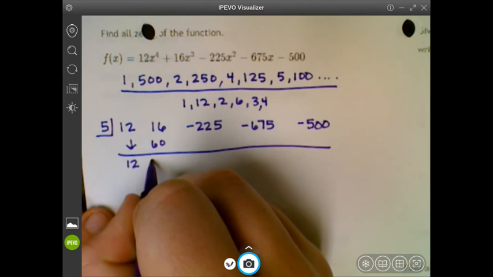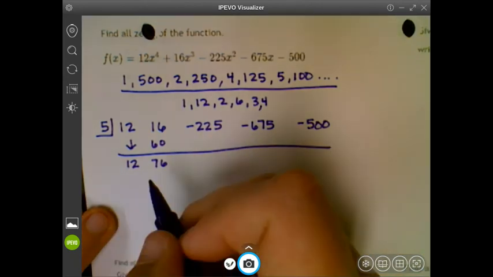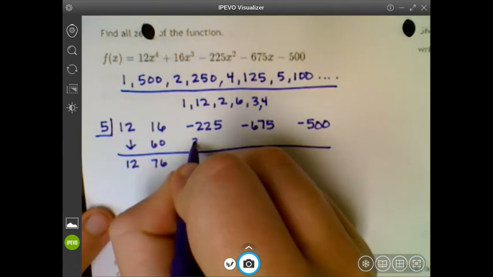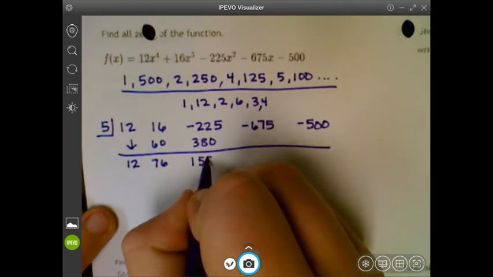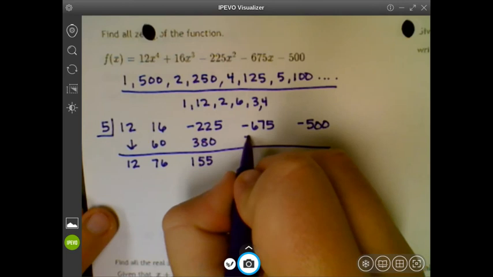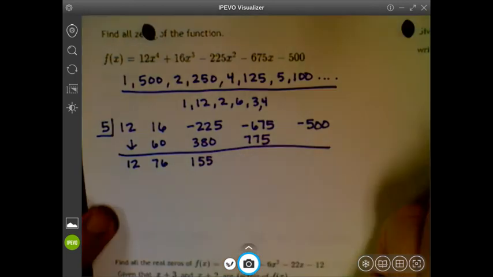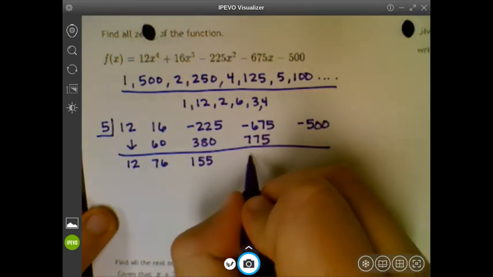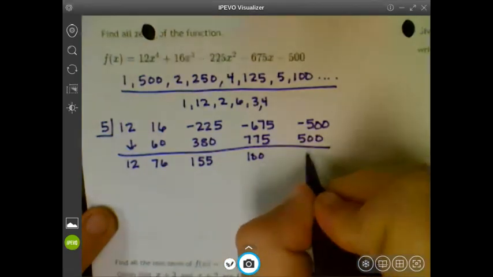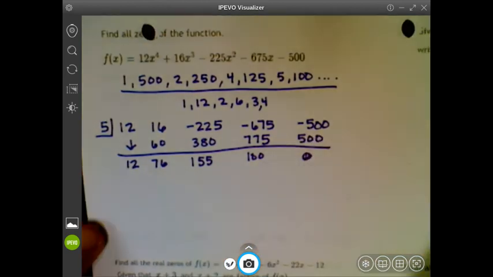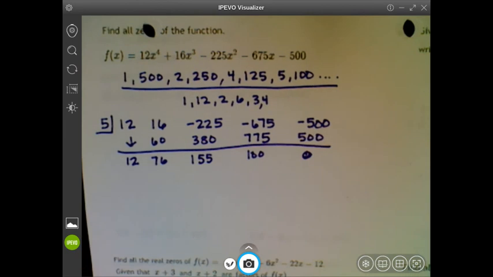Add them together, you get 76. 76 times 5 is 380. Add them together, you get 155. Multiply here, 775. Add them together, that's 100. And then 100 times 5 is 500, which is really good because we get a 0 at the end for no remainder there.